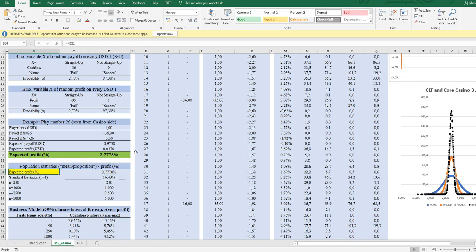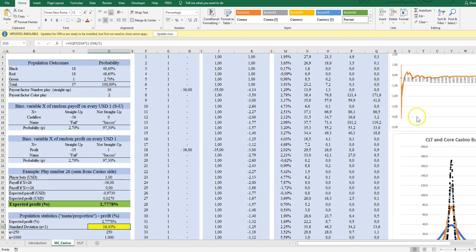The expected profit is 2.778 on one spin, and the standard deviation is this. And these are the simple binomial formulas for profit, or for the mean, and for the standard deviation. All right. So this is the law of large numbers.